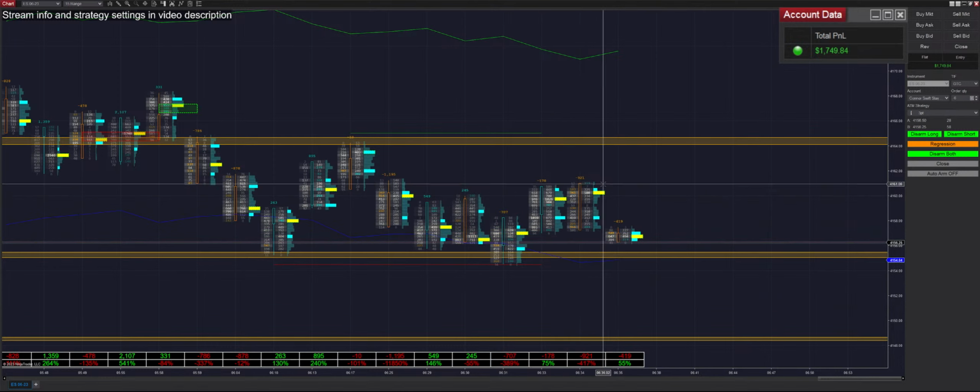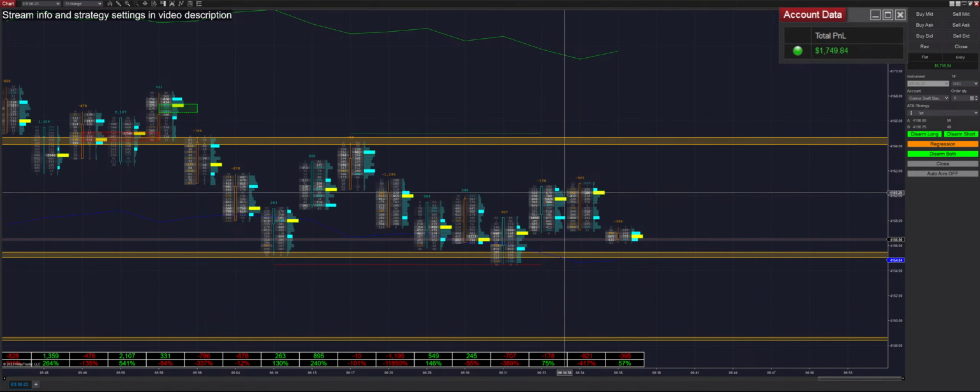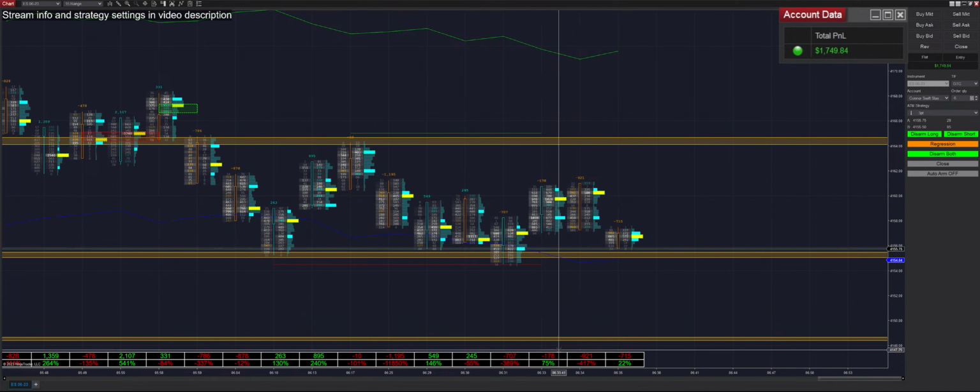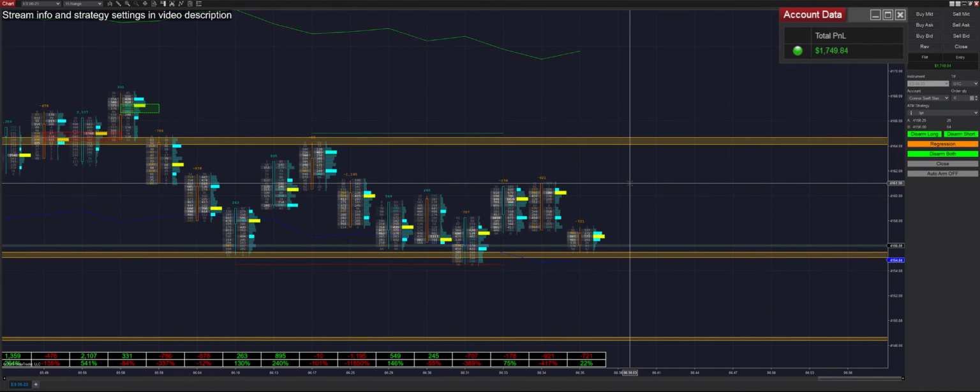It's definitely possible. Spoke too soon because we did get the formation of these two at this point, but delta is still starkly negative.